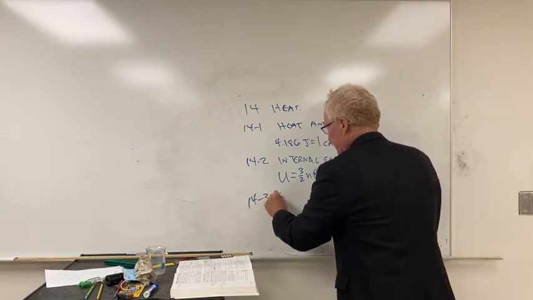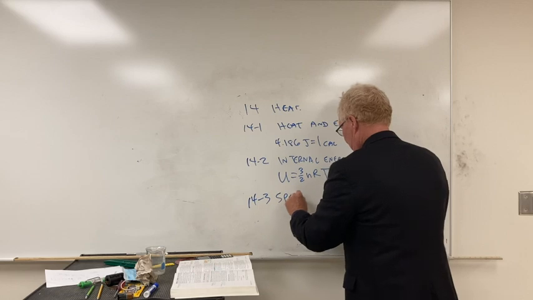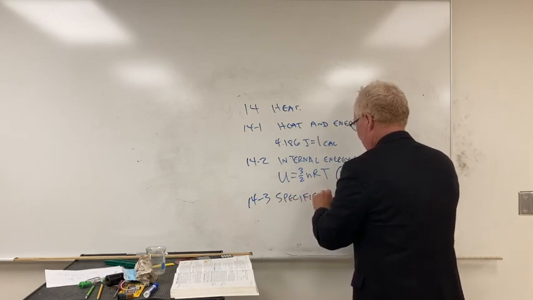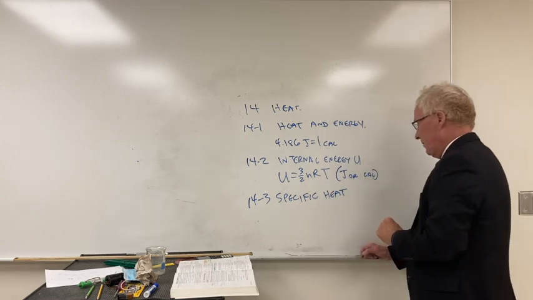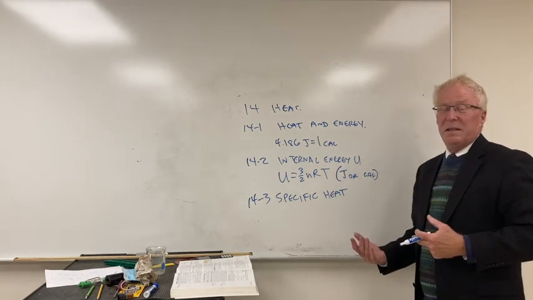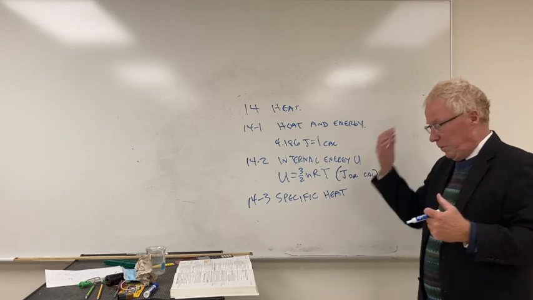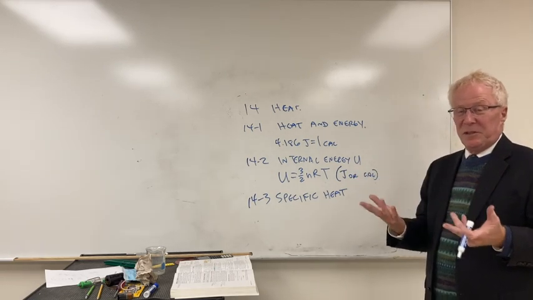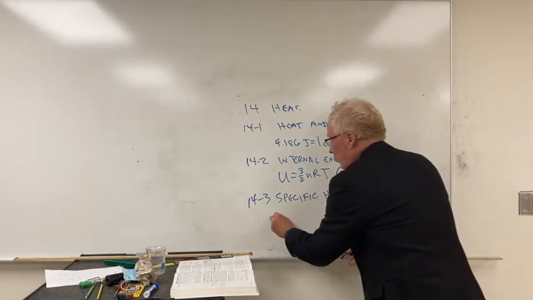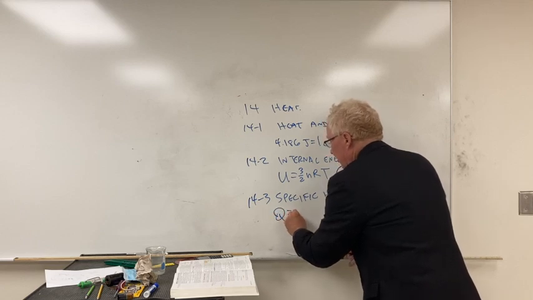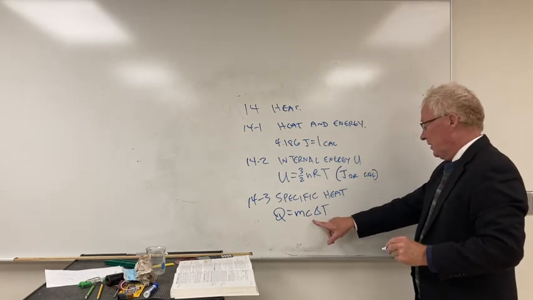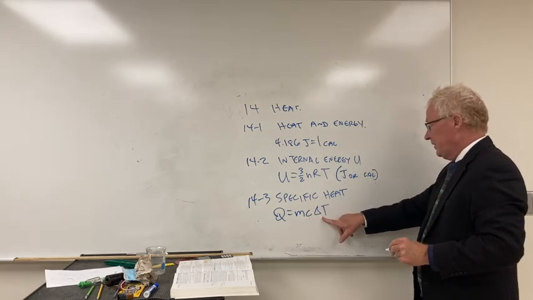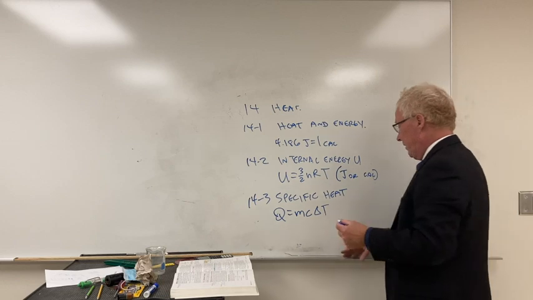14.3 is just specific heat. This goes back to the extra credit lab I did, that's still open, on specific heat and latent heat. Again, Q, which we use for heat, is mc delta T, where m is the mass, c is the specific heat, and delta T is the change in temperature.